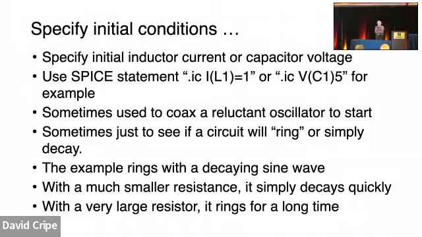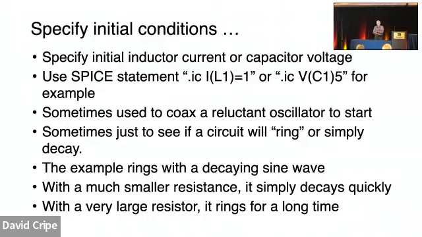I left out my equal sign, oops. I've heard some people say they've used this to coax a reluctant oscillator into starting, which is weird, but I think maybe I've done it myself. It's also useful to see if a source-free circuit will ring or will it just decay away.